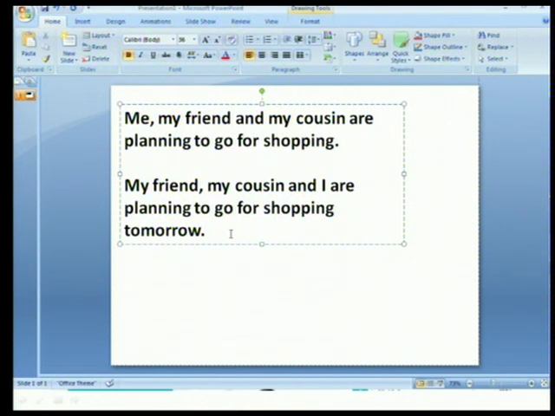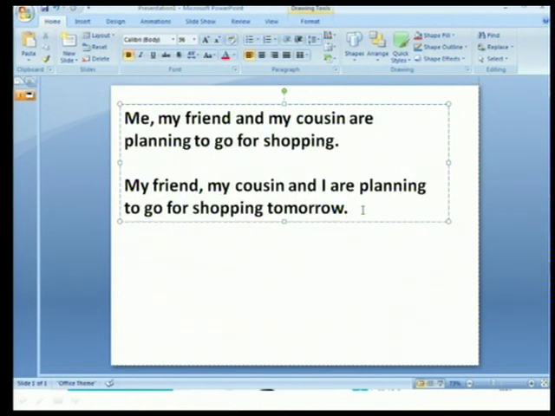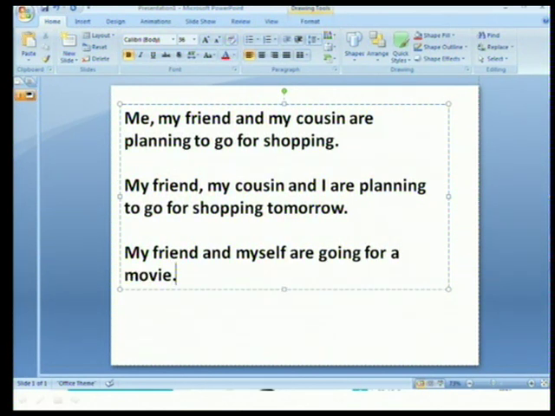For example, if I write another sentence which is grammatically incorrect, let me demonstrate that to you. My friend and myself are going for a movie.